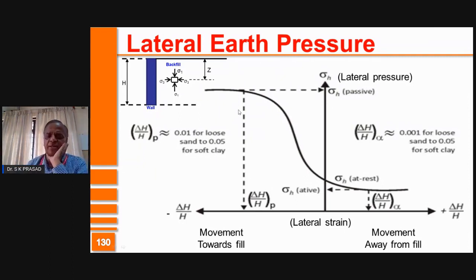So whenever the lateral strain is 0, you have the at rest condition. And for the two extreme cases, when the movement of the wall is towards the fill, that is the passive situation. And whenever the movement of the wall is away from the fill, that's the active situation. And this is what has to be computed. You can see that the lateral pressure will be enormous under the passive situation and reduced in the active situation.